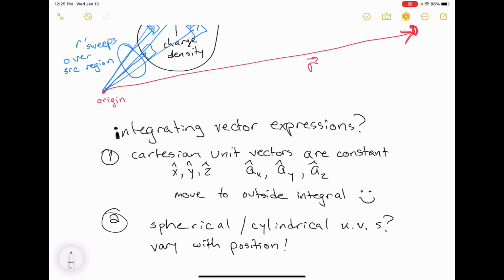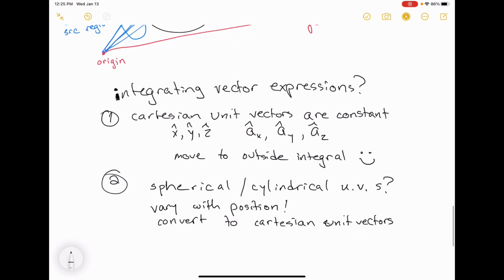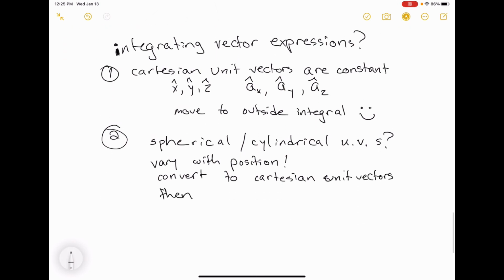It points in the opposite direction. So clearly that depends on position. How do you do this? You convert them to Cartesian coordinates, unit vectors, and then do step one.